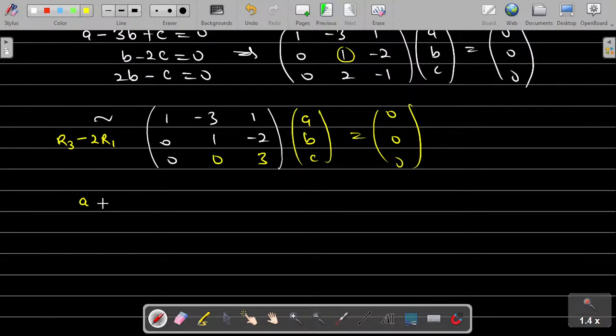So this is going to give us, of course, the first one is going to be A minus 3B plus C equal to 0. The second one will be B minus 2C equal to 0. And then the last one will now be 3C equal to 0, which is going to give us C equal to 0. When you substitute here, B equal to 0, and when you substitute here, A equal to 0.